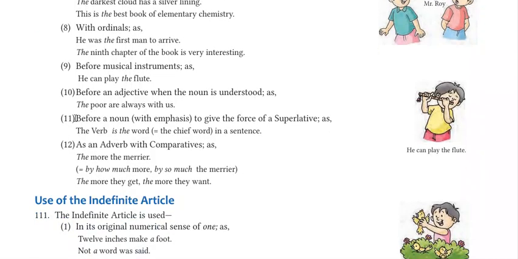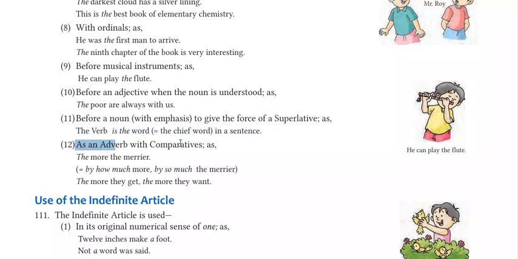And sometimes we want to give emphasis, the force of a superlative, right? Before a noun, with emphasis to give the force of a superlative. The verb is the word. Why am I using the word? Because I want to focus more. The chief word in a sentence. Verb is very important in a sentence. So that's why I can say that the verb is the word in a sentence.